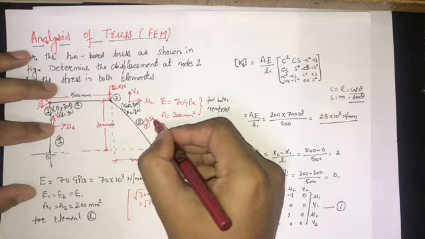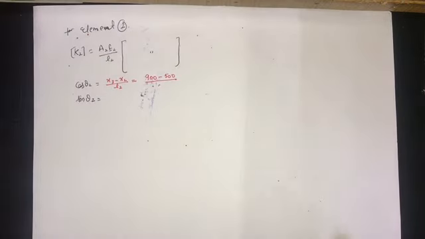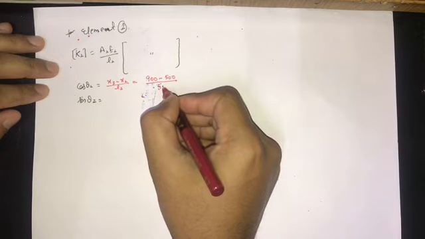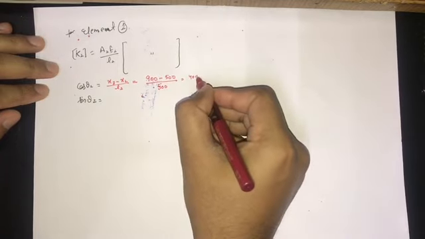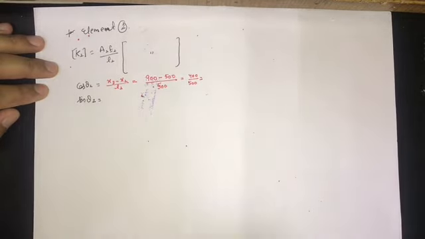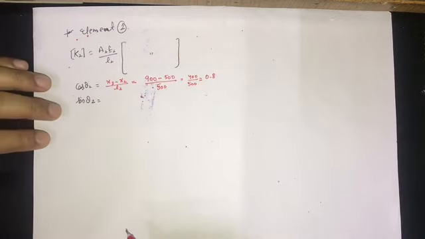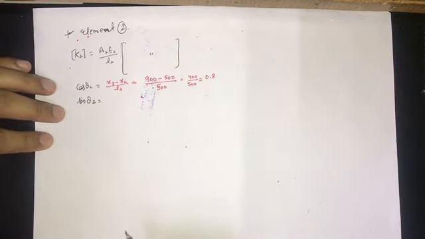So this is the 500 millimeter length of element 2. So 400 divided by 500 is equal to 0.8. So cos theta 2 comes to be 0.8.